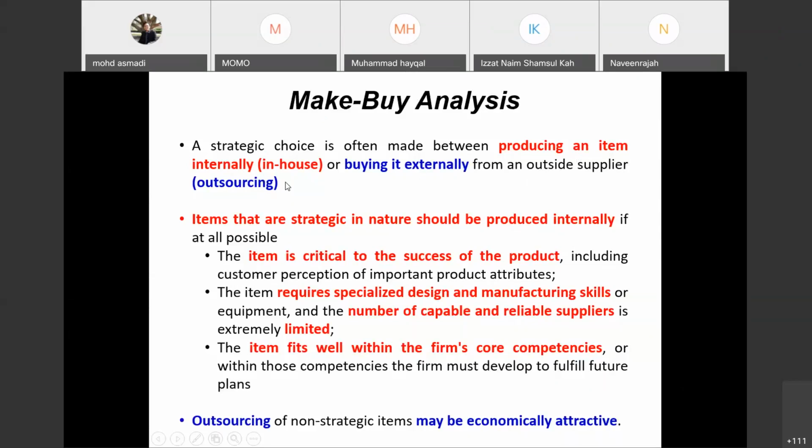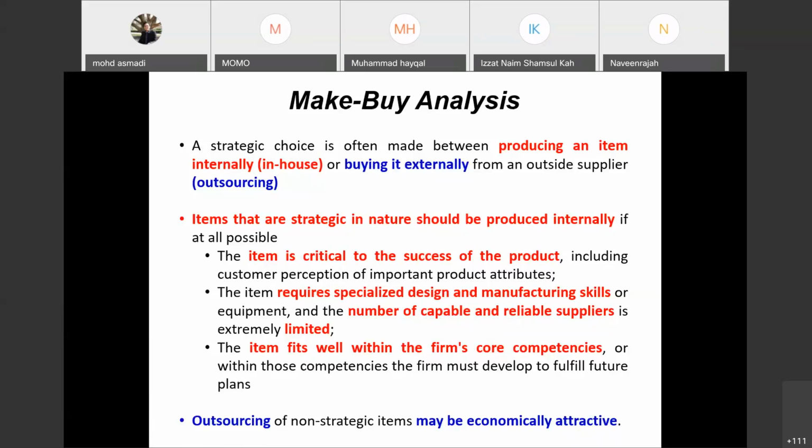Actually, if you want to do a comparison, it is also possible based on the IRR. I will show you in the example later. If you find that outsourcing has a higher IRR than in-house, we can proceed with outsourcing. But if the in-house IRR is greater than outsourcing, we go in-house.